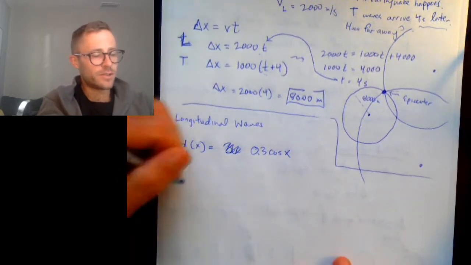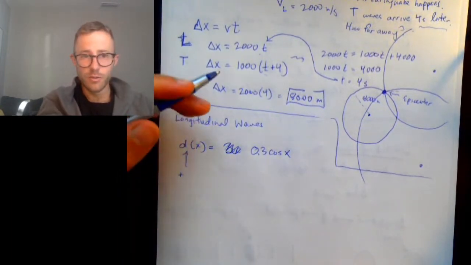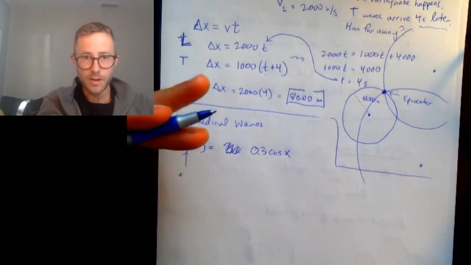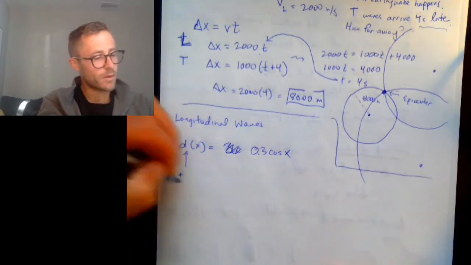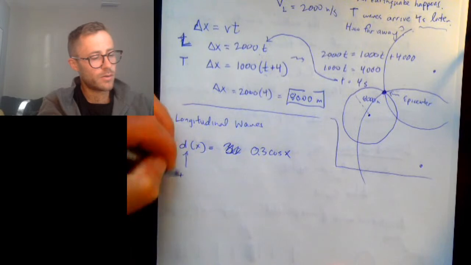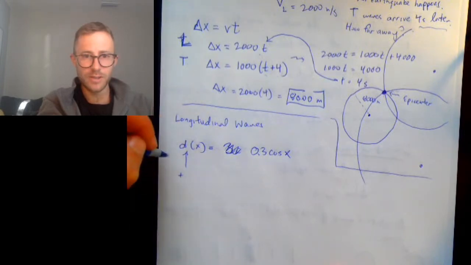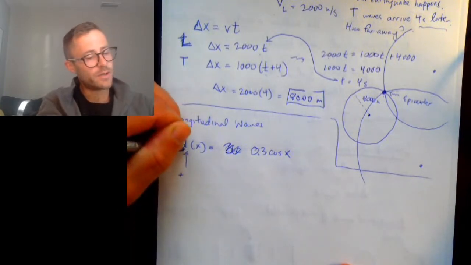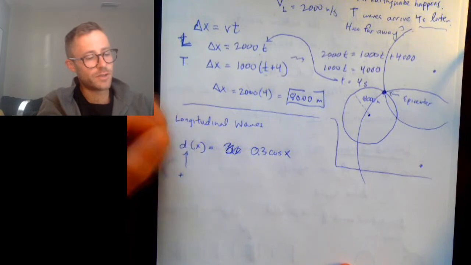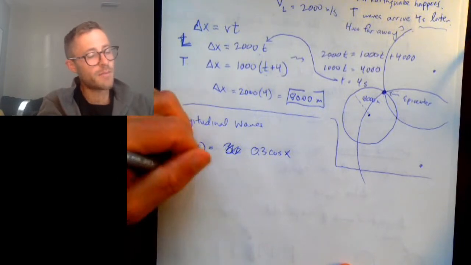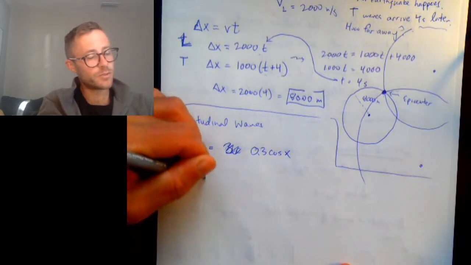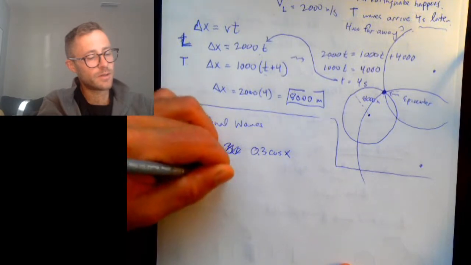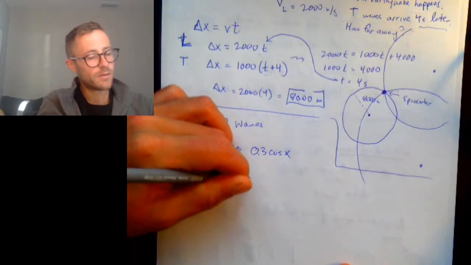Remember, the way that longitudinal waves work is they vibrate the medium parallel to the direction of wave travel. So if d of x is positive, that means that the medium was displaced forward.